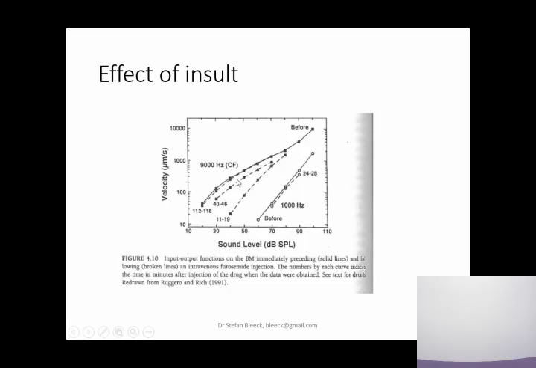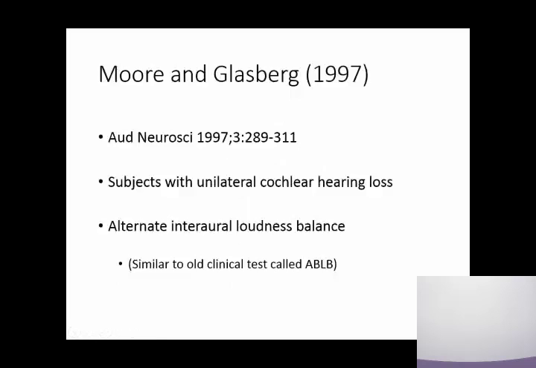So that's just the effect of insult, and I'm sure you have seen that a few times. So we lose our compression before we gain it back. The effect of insult on the basilar membrane mainly affects the outer hair cells, and it affects this transmission curve, so how the basilar membrane responds to a sound.